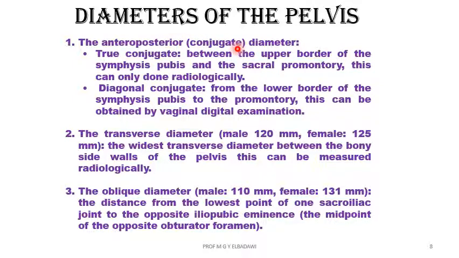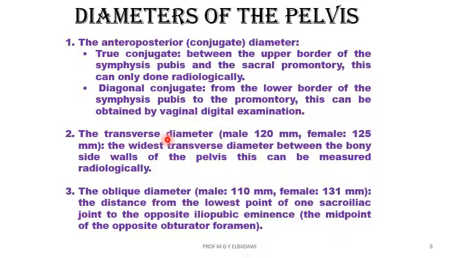For the conjugate diameter, either the true or the diagonal. The true is the one which is usually used in radiography, and it is between the upper border of the symphysis pubis and the sacral promontory, while the diagonal is the one used during vaginal examination, between the lower border of the symphysis pubis and the promontory.